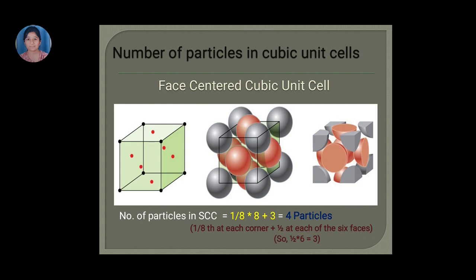So we will get half multiplied by 6 faces, that is 3. So we get 1/8 multiplied by 8 plus 3, that is 4 particles in all.